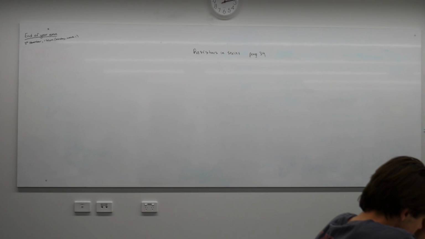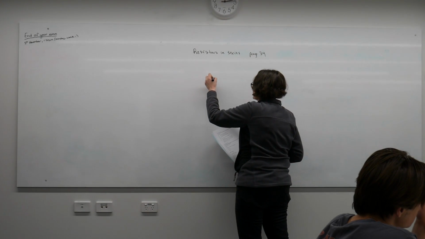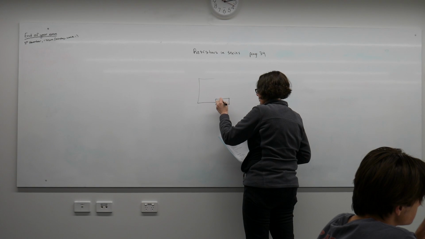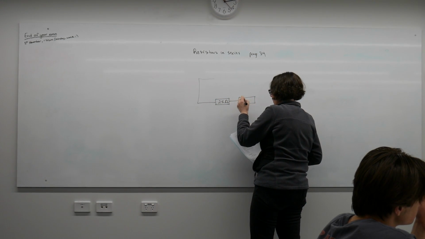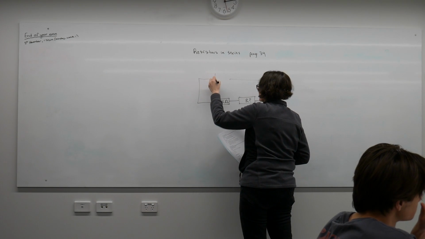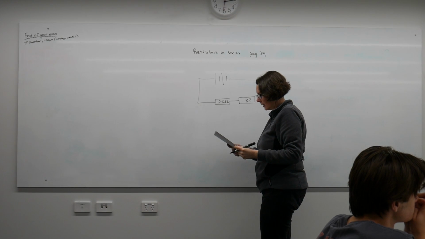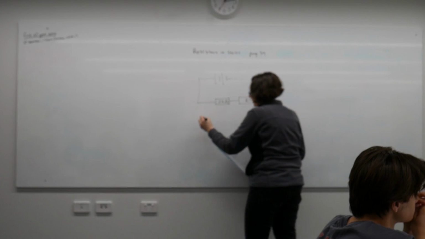A 25 ohm resistor is connected in series with an unknown resistor. This one's 25 ohms. This is an unknown. The current flowing in this circuit is 0.50 amps.